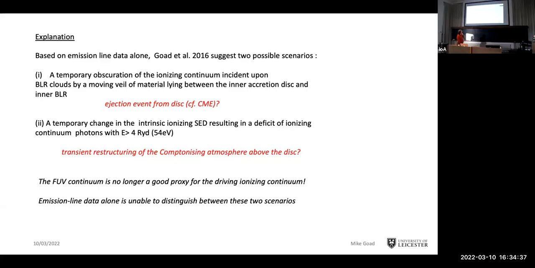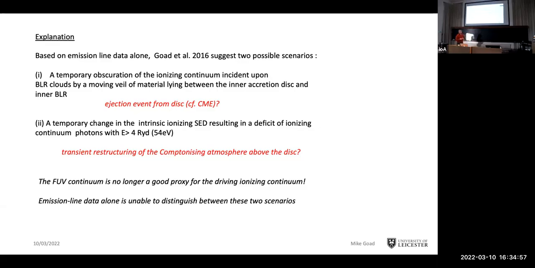So the idea we came up with, it's either intrinsic to the source, so maybe the SED has changed intrinsically, possibly a result of Comptonizing of the disk atmosphere. That's just a suggestion. I've no evidence for that.